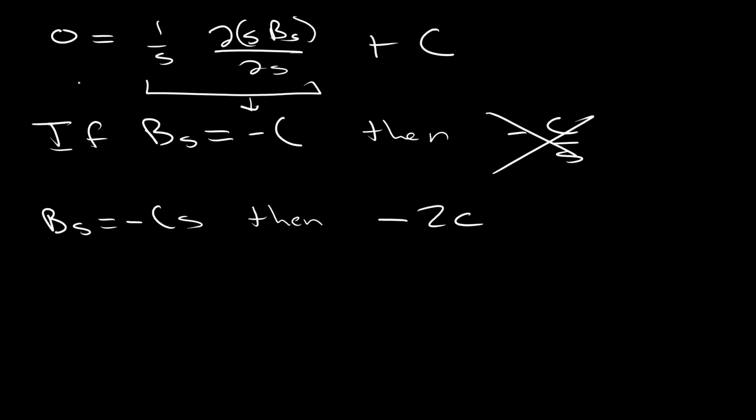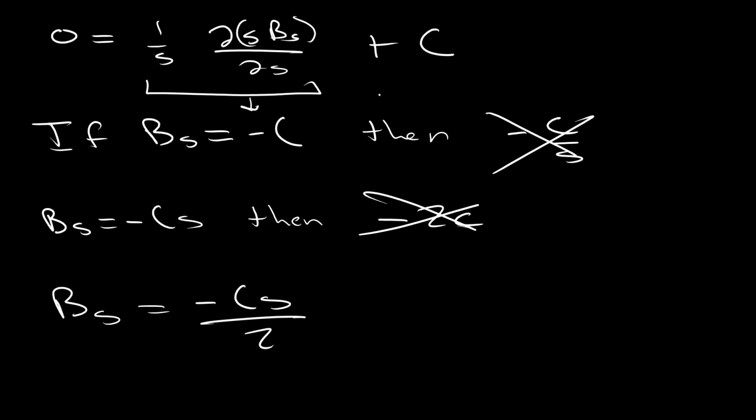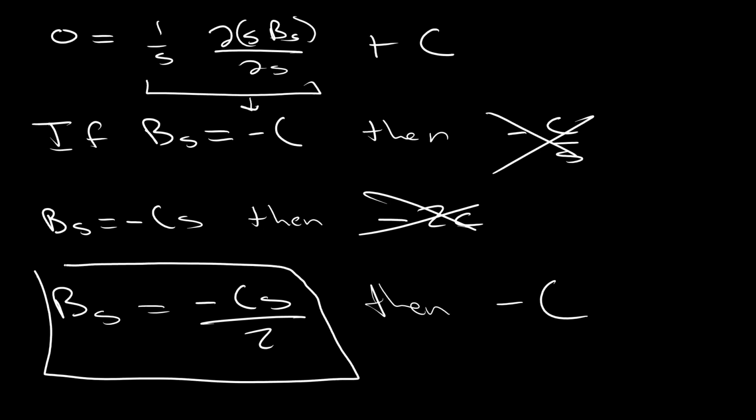That's not going to give us 0. So again, that doesn't work. What about if we try B_s is equal to minus CS divided by 2? That should take care of everything. And when we evaluate that, then we would get a minus C out. So we know that B_s has to be minus CS per 2.